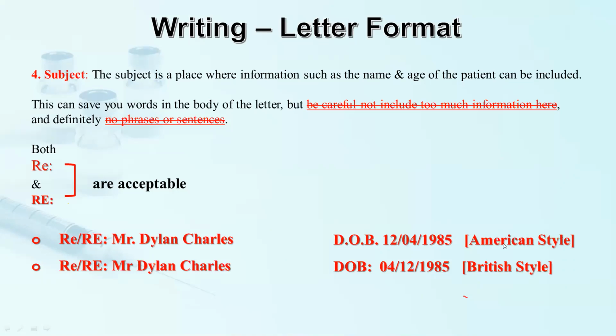This is regarding American style, and be careful here, you have to write the date of birth also in American style. So in this date, this means December the 4th, 1985, because this is the month, not the day. While here, this is the day, 4 December 1985 in British style.